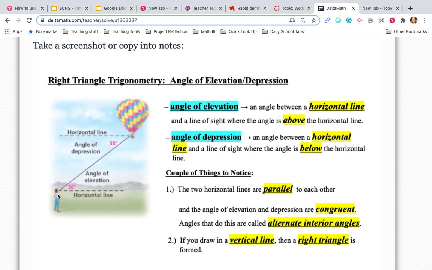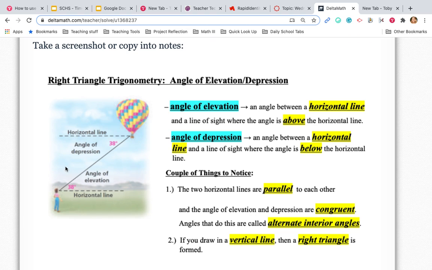A line of sight is the sight line where you're looking from your eyeballs up to an object upward, okay? So you've got this horizontal line, and then you're looking up, and this angle here is called the angle of elevation, the one here at the base. So again, that's what's illustrated here, an angle between the horizontal line and the line of sight.